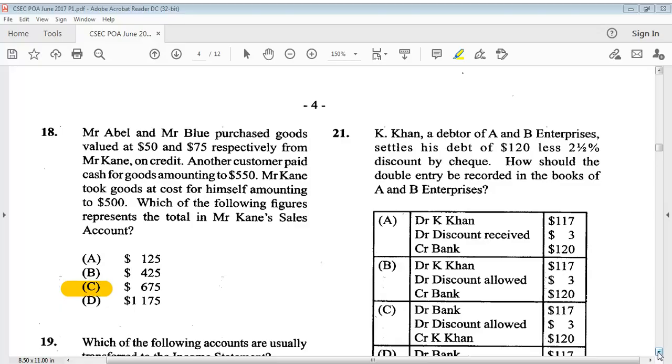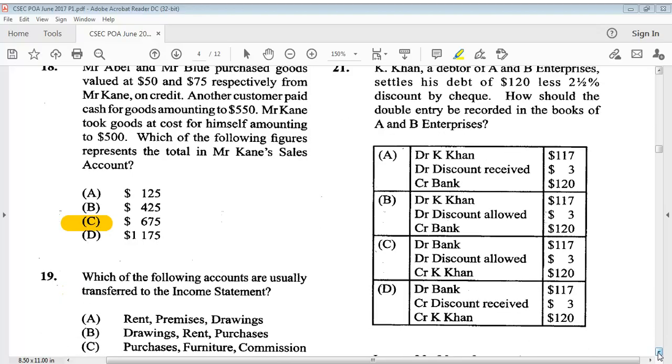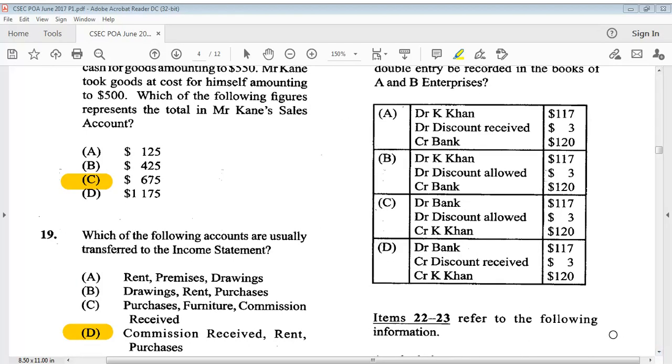So $3 from $120 would give us $117. That would be debited to bank. So our answer would be C, debit bank $117, debit discount allowed $3, credit K Khan $120. So C would be our answer.